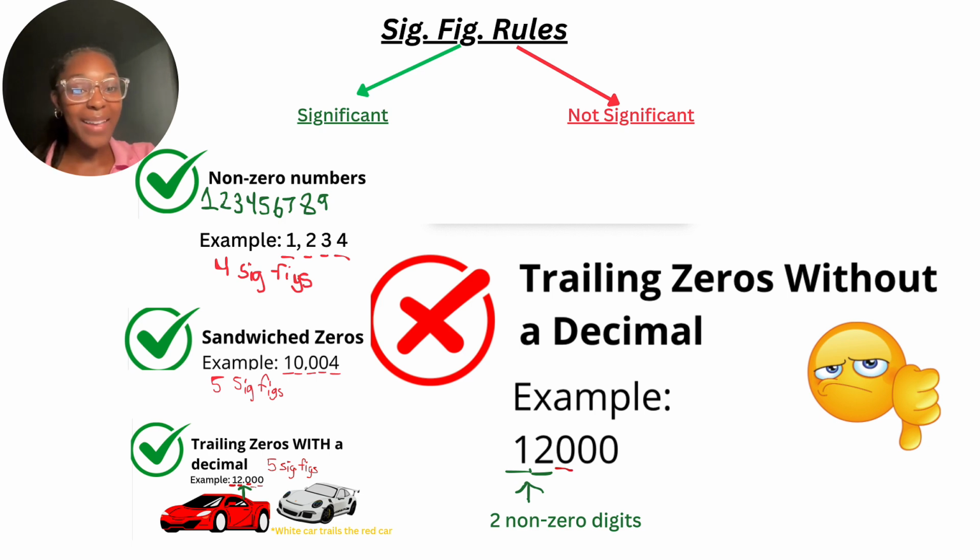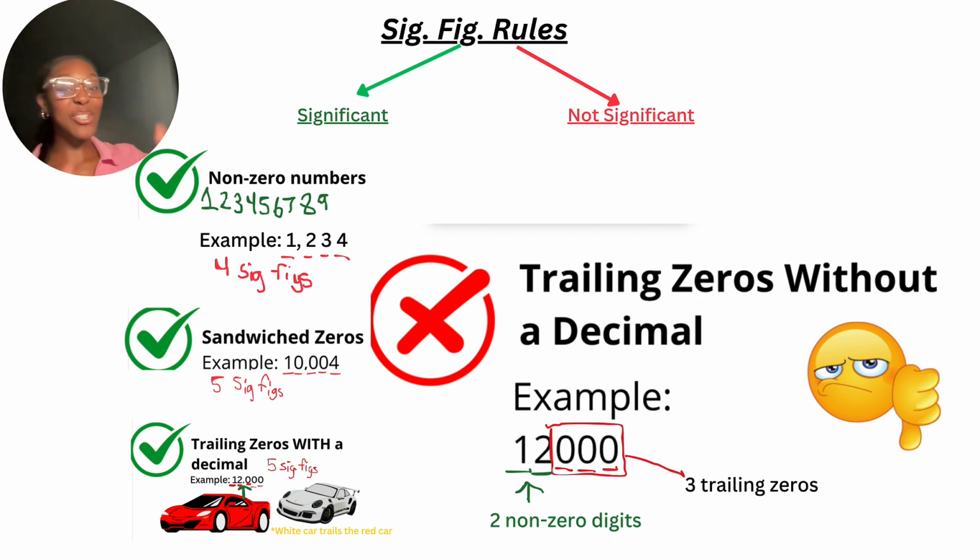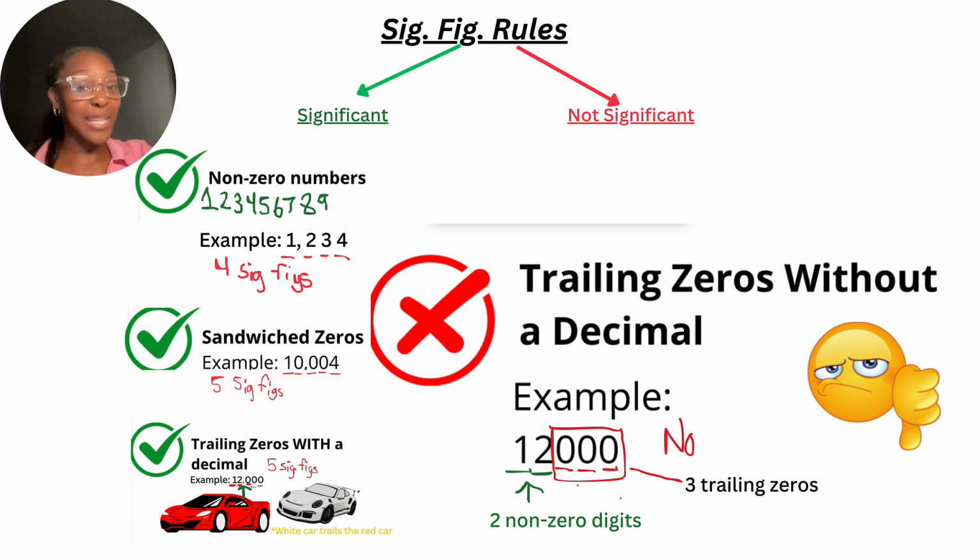And then in the back, we have 1, 2, 3 trailing zeros, which trail or come behind our 2 non-zero digits.